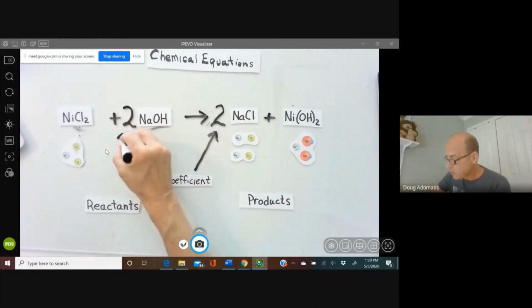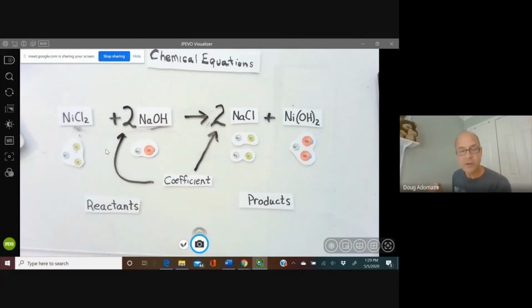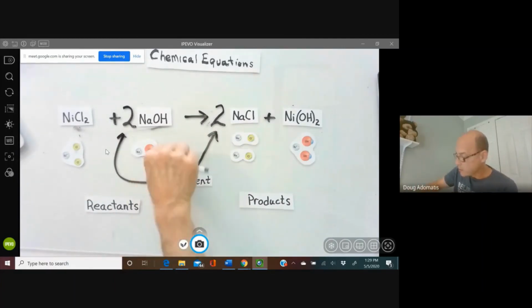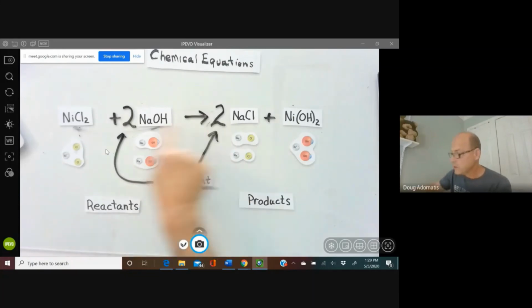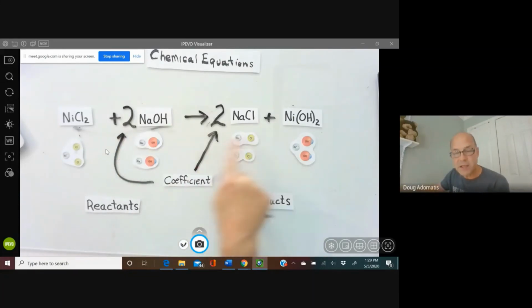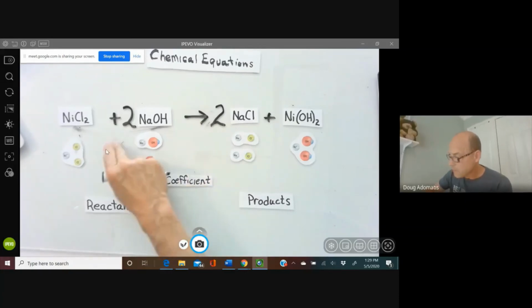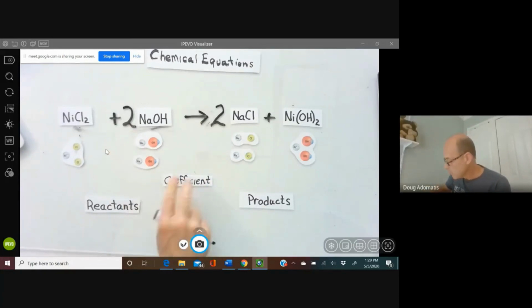So here's another coefficient of 2 right there. And pictorially, I'll have to add another picture so that I have 2 sodiums over here and 2 hydroxide ions, okay? Just remember, these are called the coefficients. I haven't changed any subscripts. I haven't changed the compounds themselves. I've just put more in the equation, okay?